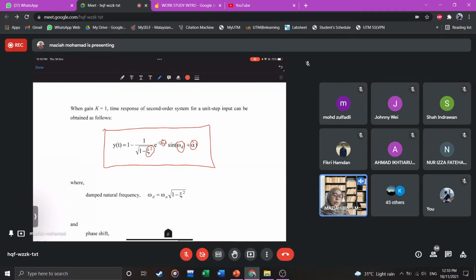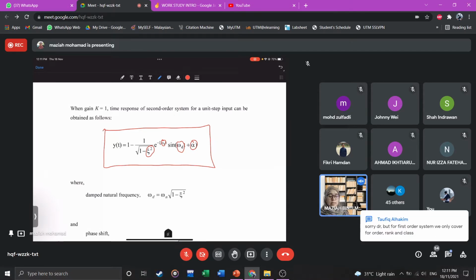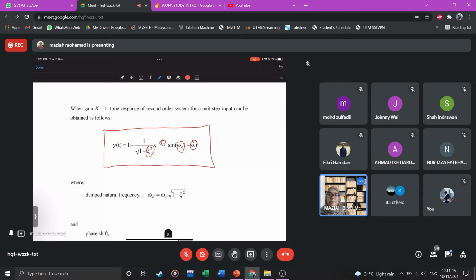Basically, it will produce the same form as this, but the exact value will depend on the value of zeta that we choose for your system, depend on the omega n, and alpha.